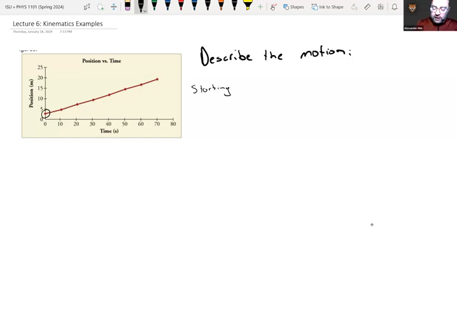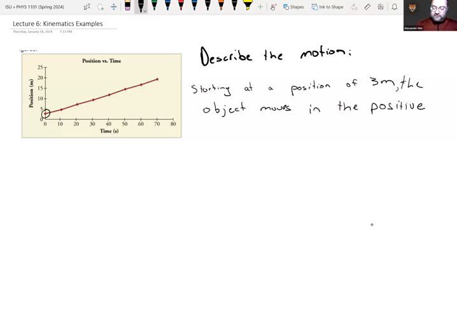So I would say starting at a position of 3 meters, then the object moves in the positive direction, because we notice the position is increasing. Whichever direction we've defined as positive, that's the direction it's going.